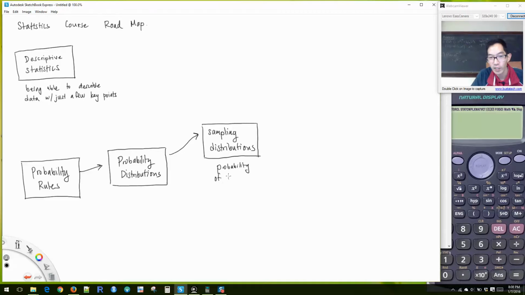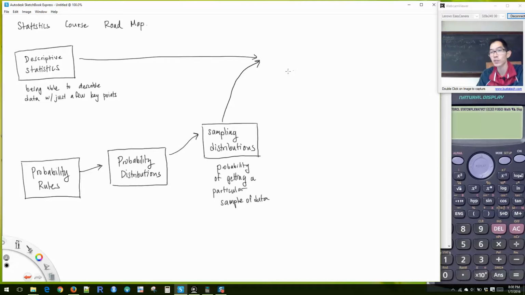So we learn these probability rules and how probability distributions apply to get sampling distributions. This will be right before the midterm.